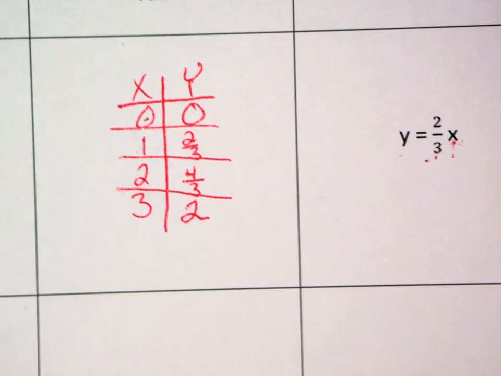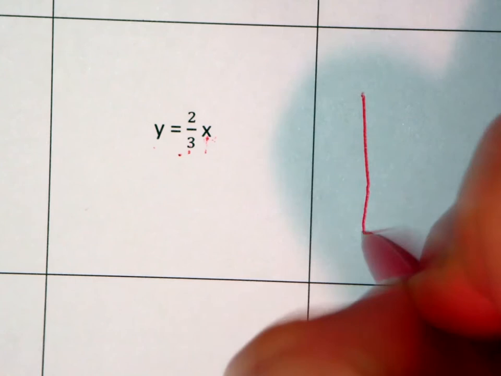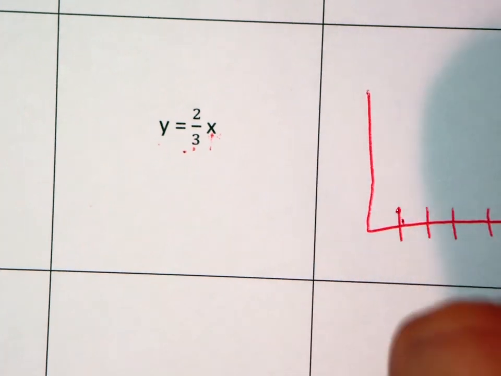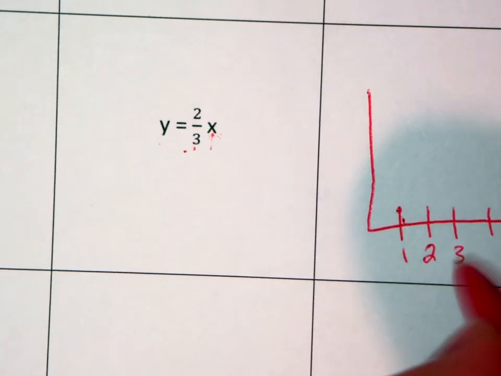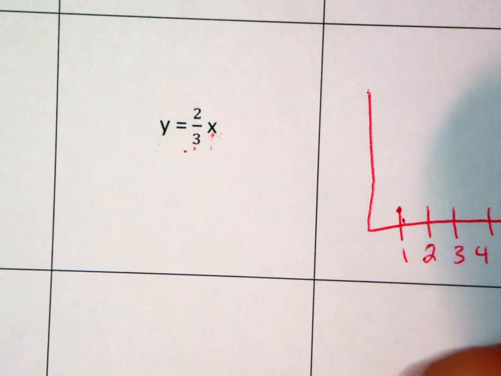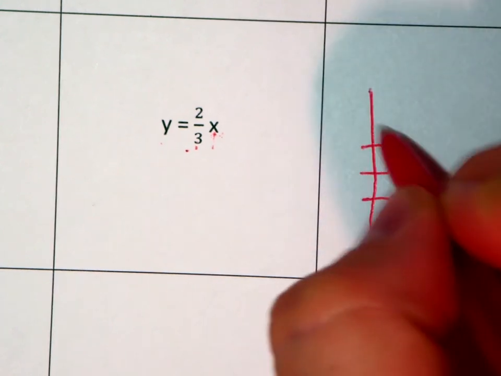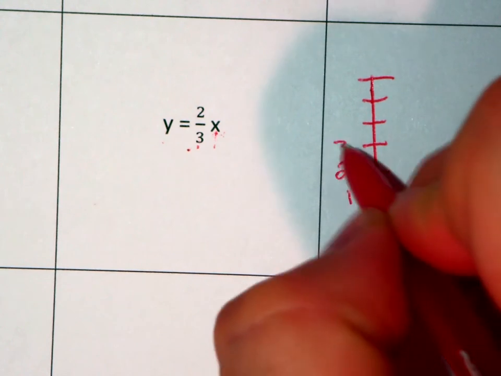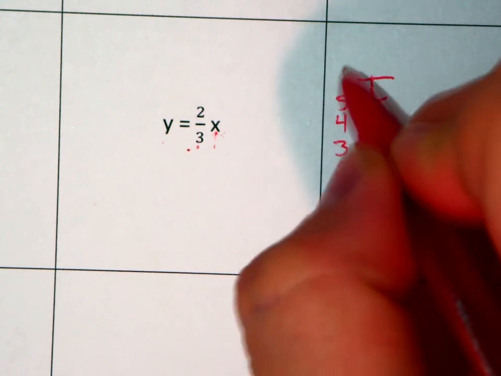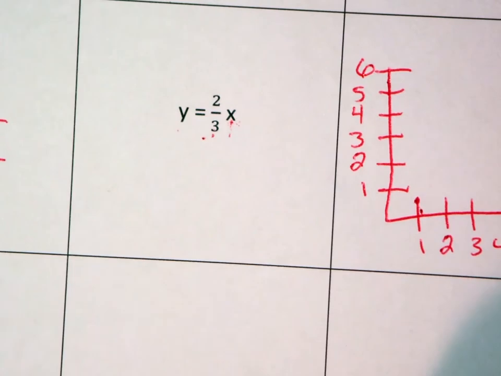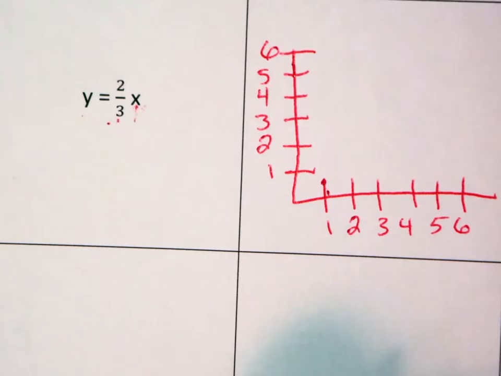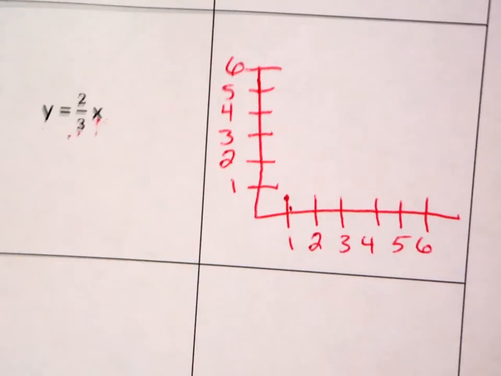Well, now we get to the fun part. We need to create a graph. X's and Y's, 1, 2, 3, 4, 5, 6. 1, 2, 3, 4, 5, 6. And I know you probably can't make your graph perfectly proportional because we're not using graph paper here. But we should be able to get it somewhat close.